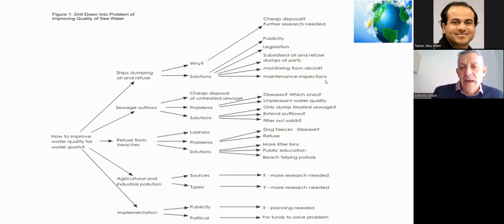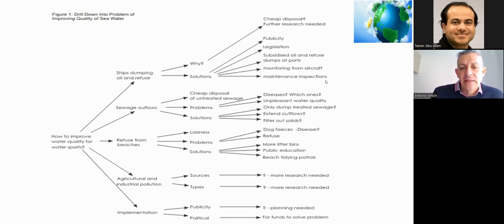The problem is unpleasant water quality, and we try to find the solutions, perhaps related filters or sending out outflows only after treating the sewage. So there are different solutions that we might apply to this problem. Using filters, for instance, would be one of them. Then refuse from business, people that are not very concerned about it.